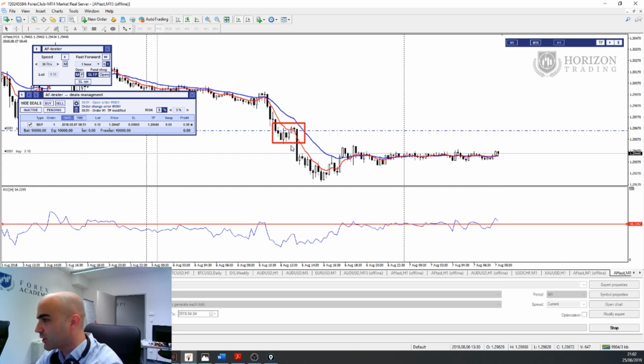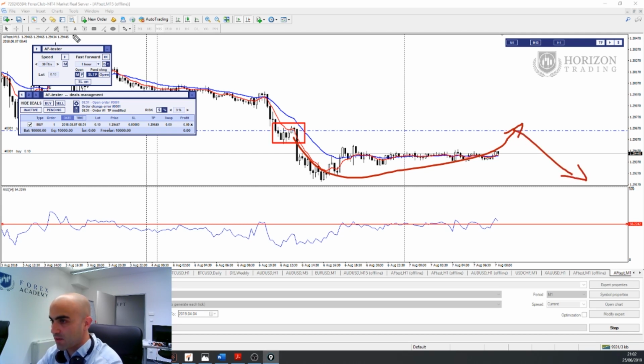You see this consolidation period? That means that we have lots of buyers and sellers and stop losses taken by the market. Therefore I believe that the market is gonna try to pull back to this level again and then move back down again.